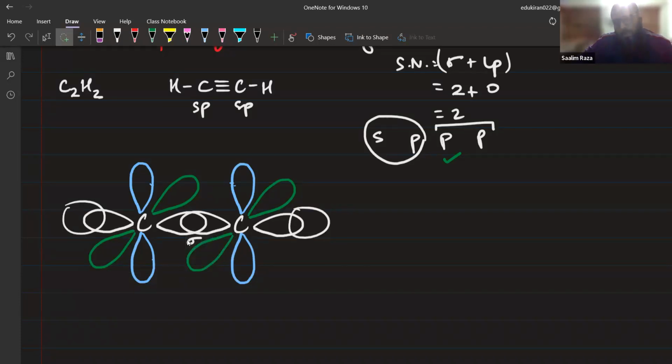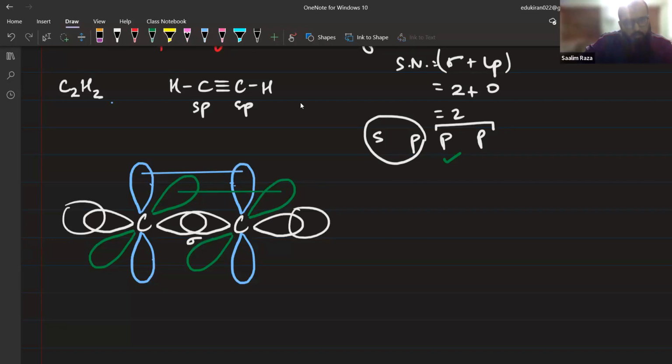So the sigma bond is made by the hybrid orbitals. The pi bond is made by these p orbitals. These p orbitals are making one of the pi bonds, and the other pi bond is made by the green p orbitals. We wrote this one in green.